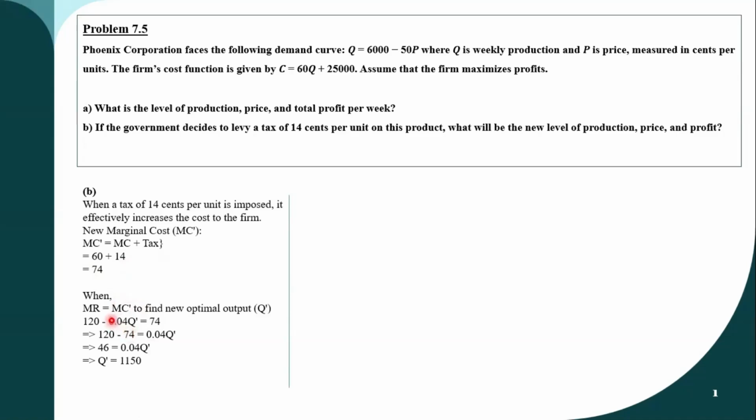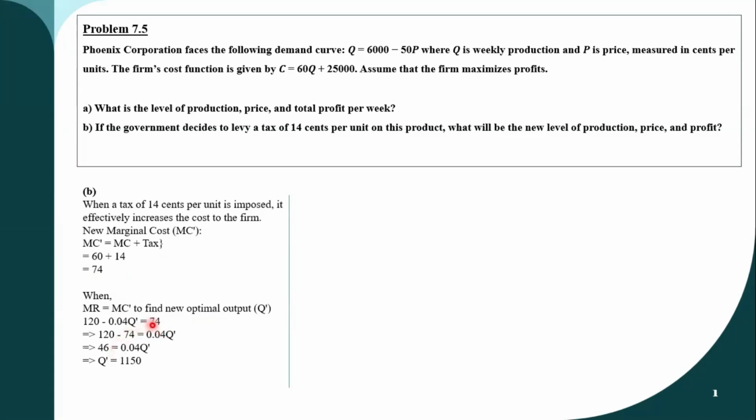To find the new optimal output, MR equals the new MC. So 120 minus 0.04 into Q bar equals 74, the new marginal cost.